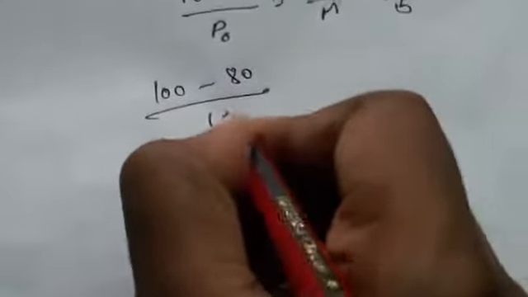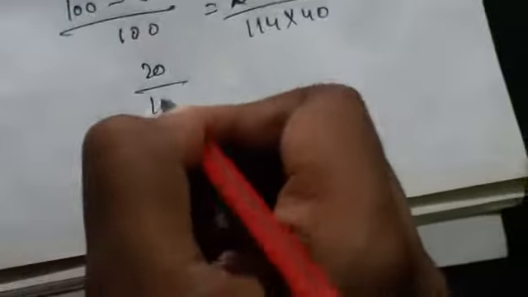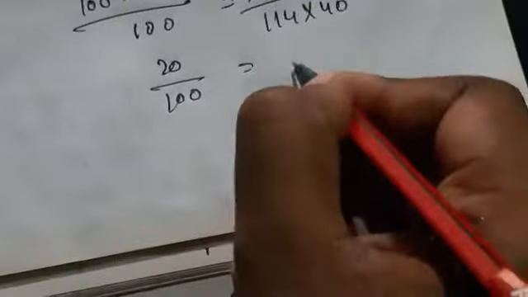Now coming to the problem, P naught we have got 100, so 100 minus 80 by 100 is equal to X into W, which is 40, by 114, solvent 114 into 40. So 100 minus 80 is 20. 20 by 100 is equal to X by 40.